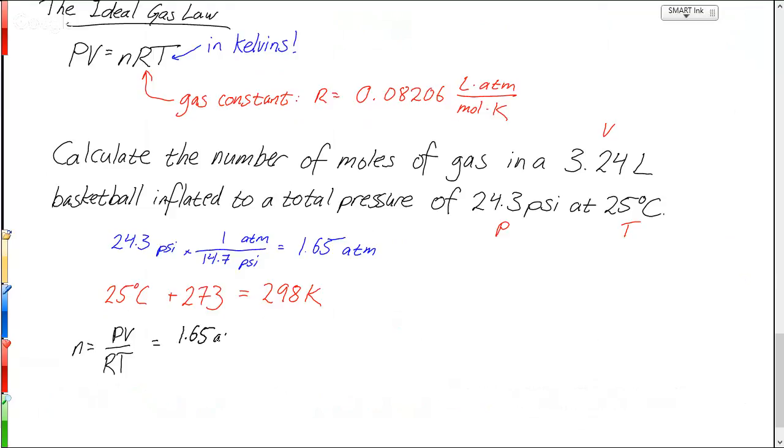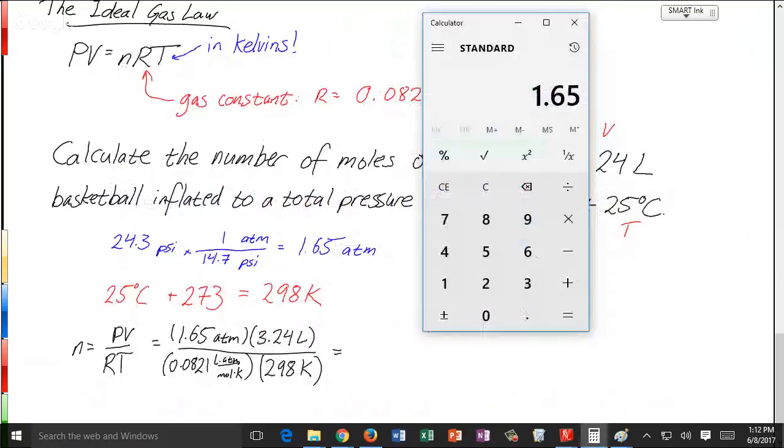So 1.65 ATM, 3.24 liters, 0.0821 for R, and then our temperature is 298 K. If you look at the units, they should all cancel, and we should just be left with moles, which we are. So let's do that. 1.65 times 3.24 divided by 0.0821 times 298.